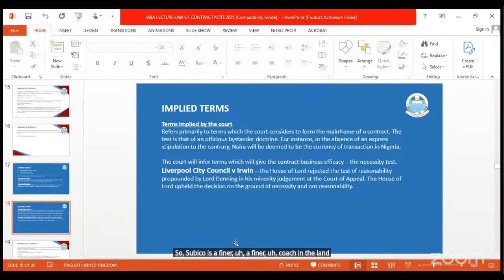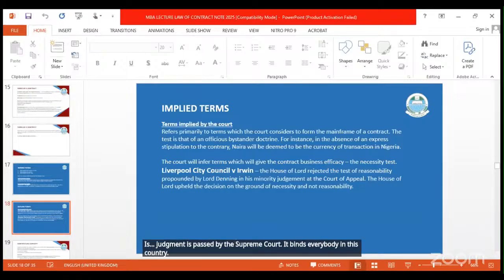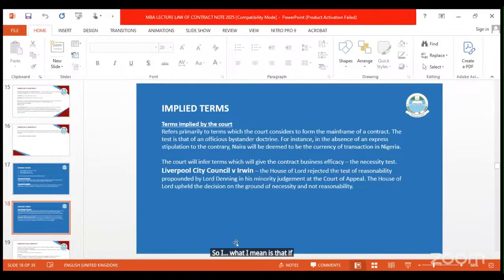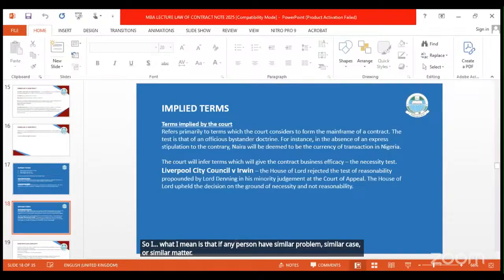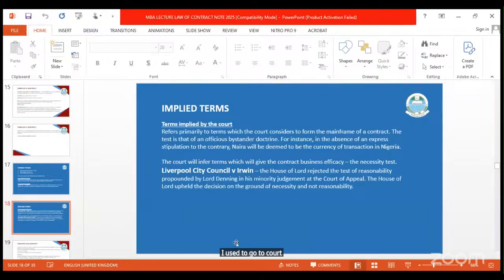So once a judgment is passed by the Supreme Court, it binds everybody in this country. What I mean is that if any person has a similar problem, similar case, or similar matter, and is to go to court, then that decision of the Supreme Court is the one that they will use to determine who wins the case.